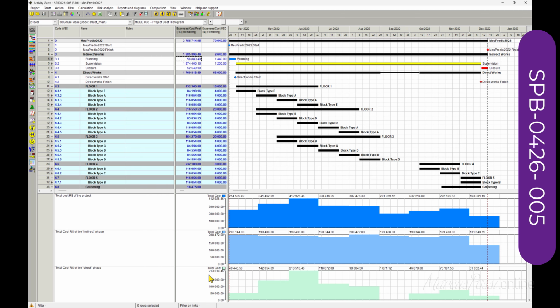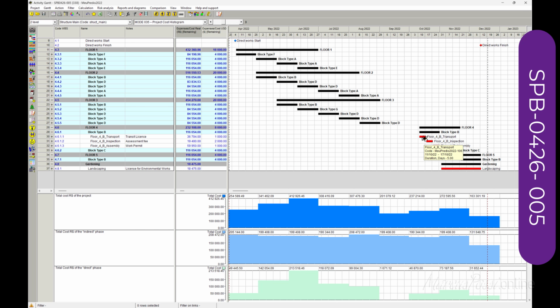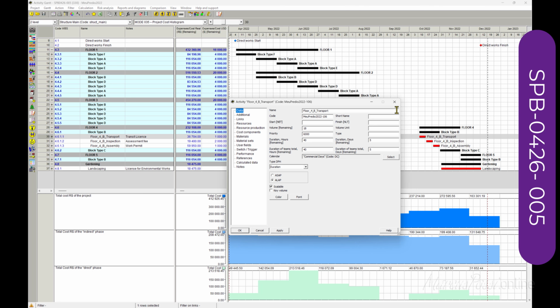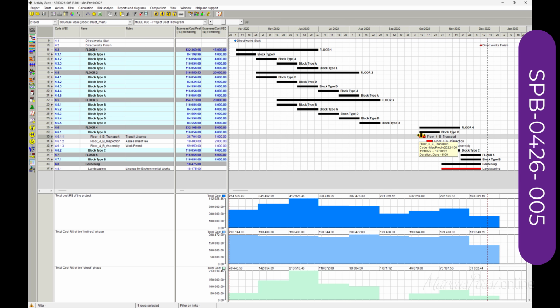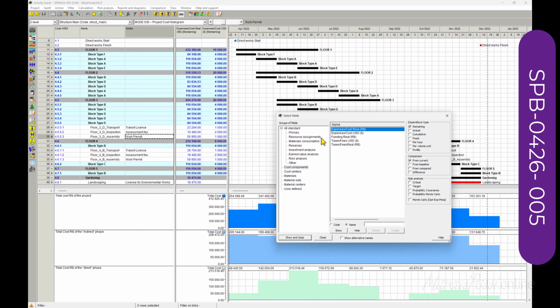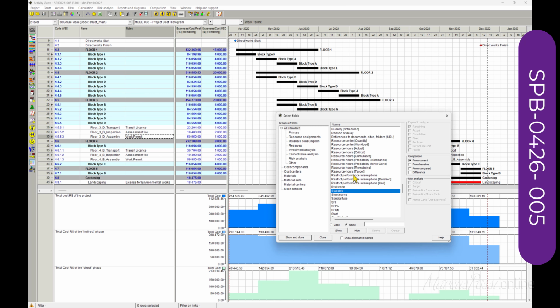indirects and directs. Okay, it seems that there is no direct cost here, probably because you have to wait for somebody here. I mean, there should be a start net somewhere here. Where is it? Where is the start net? Start not earlier than.